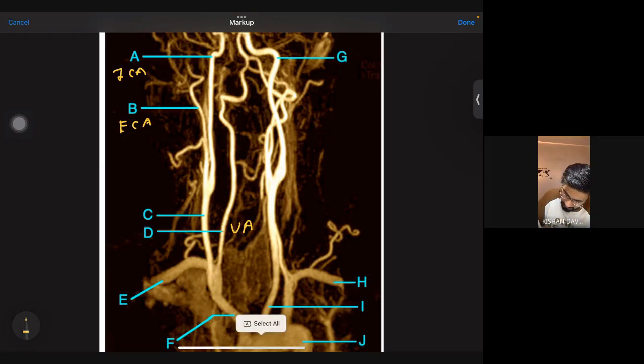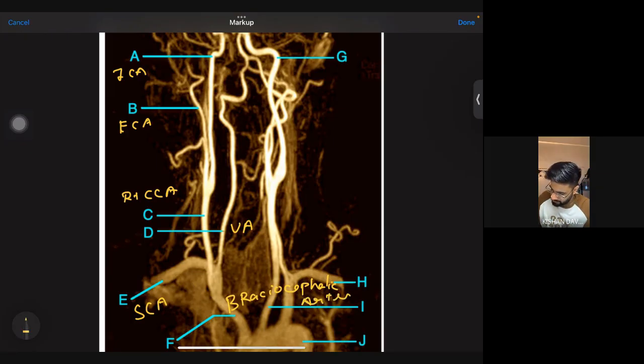C is right common carotid artery, and what else you need to remember? E is subclavian artery, F is brachiocephalic artery, and J is aorta.